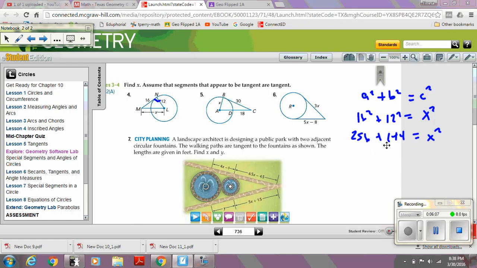Combine 256 with 144, you would have 300 equals x squared. And then we must take the square root of both sides to get x completely isolated. So let's use our calculator to find the square root of 300.